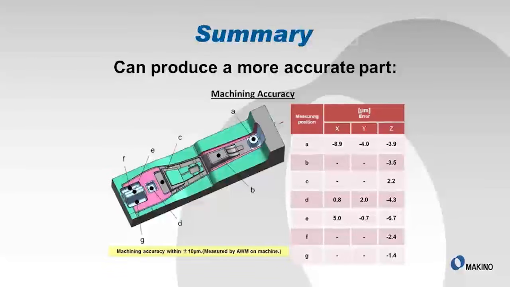5XC also can provide you with a more accurate part. We take a look at the machining accuracy measurements on that center console part, and you can see that the entire part, which is a fairly large part, every position we measured, XYZ, was within plus or minus 10 micron. So the 5XC can produce a more accurate part.